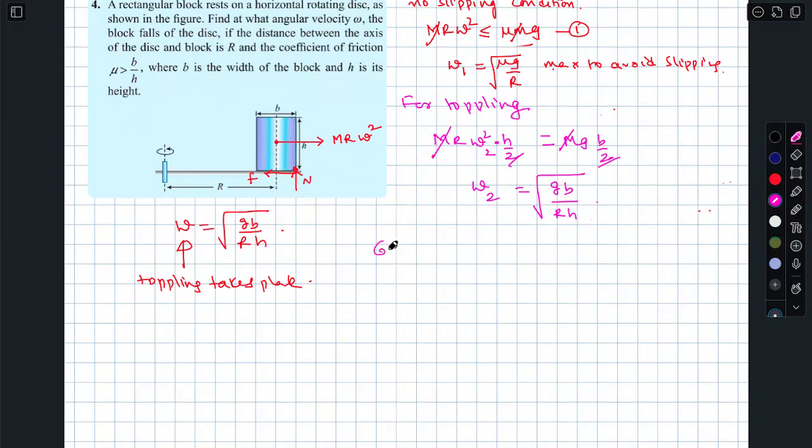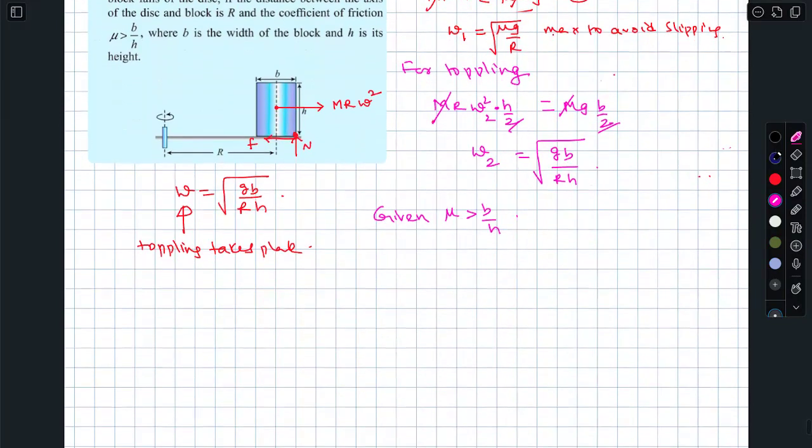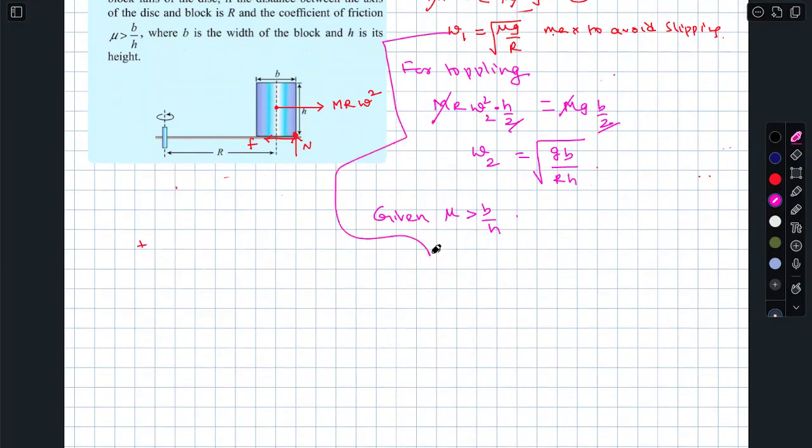Given mu is greater than b by h, if I substitute into omega 1, so omega 1 is greater than this thing.